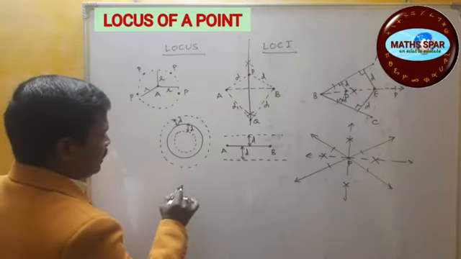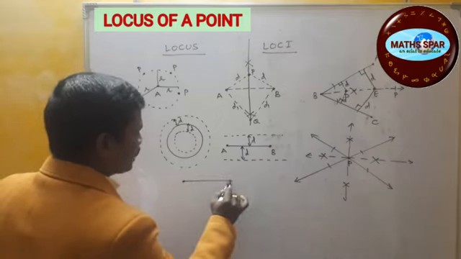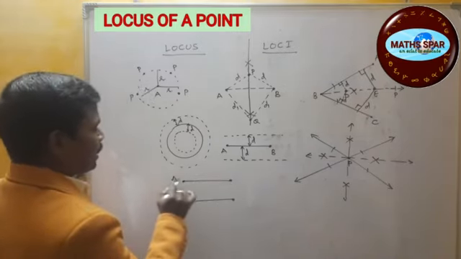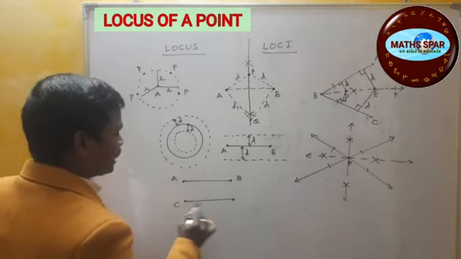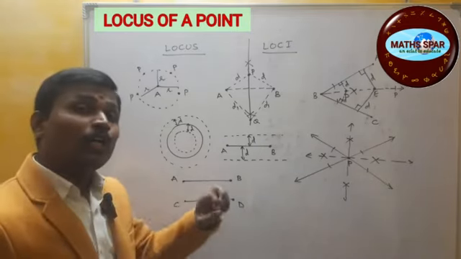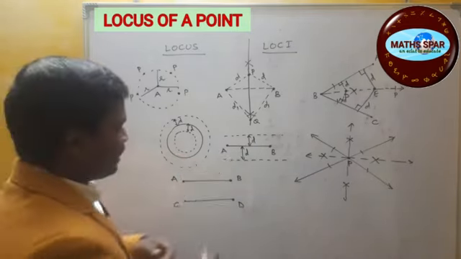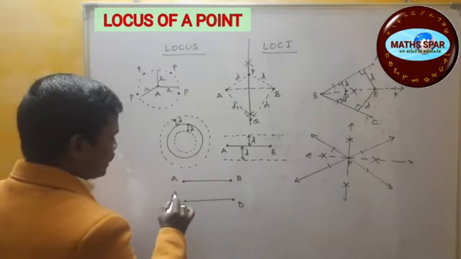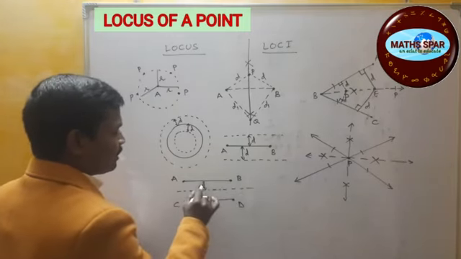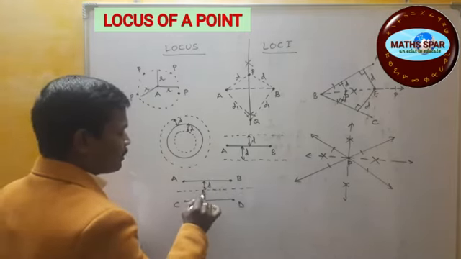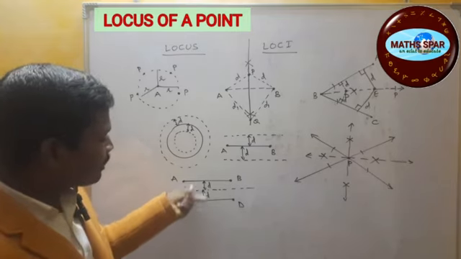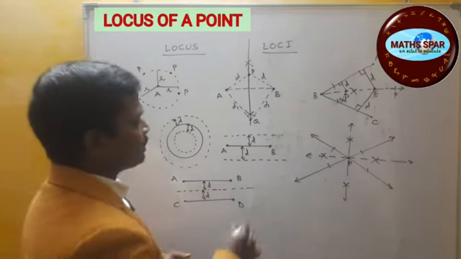Suppose two line segments are given, AB is one line segment and CD is the other. Then what is the locus of a point which is equidistant from these two line segments? It is the path traced in between them at an equal distance from both the line segments.